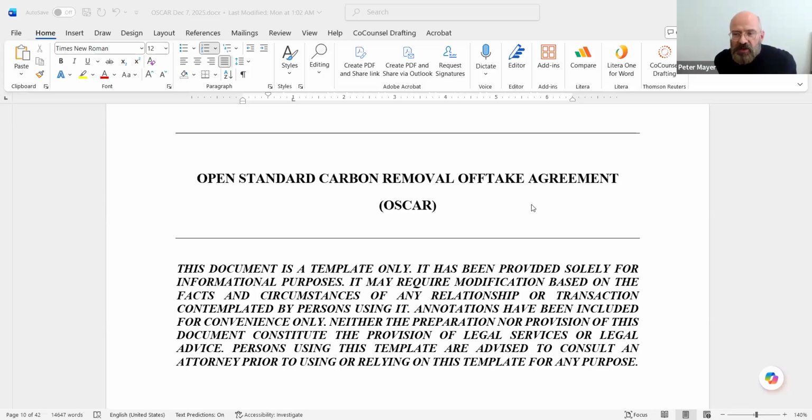So there's a bit of an educational element to this document, together with the guidebook. And we didn't want people to get overwhelmed when they look at their first offtake agreement.